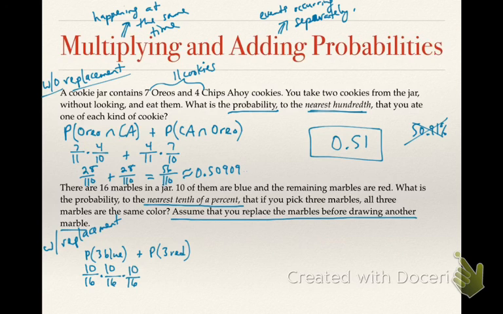And put it back in, you still get a 10 out of 16 chance of getting a blue. So that represents the probability that you get a blue each time with 3 picks. Now for 3 red, again there's a total of 16 inside the bag, but how many red are there? Well, the remaining are red, so there's 10 blue, there must be 6 red. So we have 6 times 6 times 6 on the top.